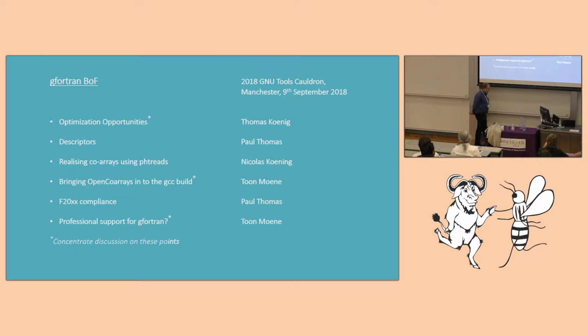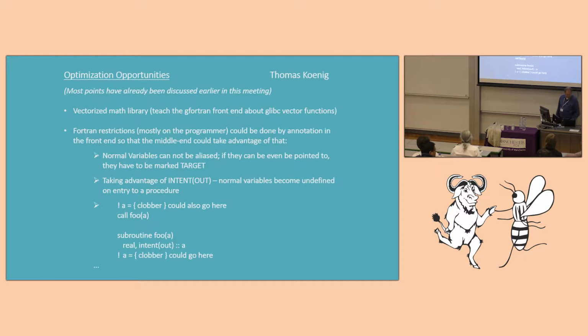Like I just said, the first point, actually, optimization opportunities. I was quite glad that most of these points had actually been raised in previous discussions, but it would still be good to bring it together and maybe touch more in depth upon these, because Fortran as a language has a few peculiarities, some of which can be used to very good effect regarding optimization opportunities.